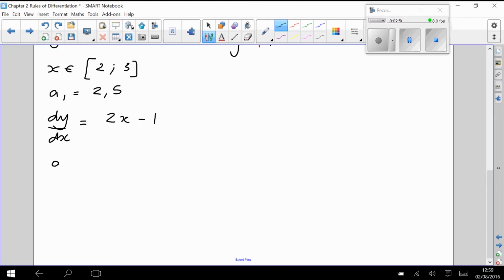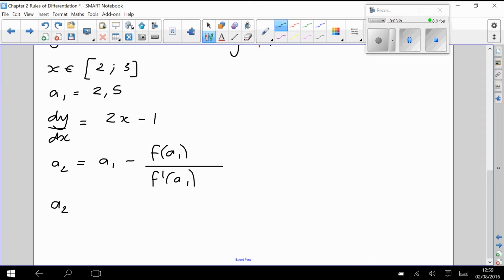So if I want to get my second estimate, I'm going to put in my first estimate minus the function with my first estimate all over the derivative of my function at that same estimate. Now I'm going to show you how to do this so that you can plug in your first estimate, and from then on your calculator does the rest.